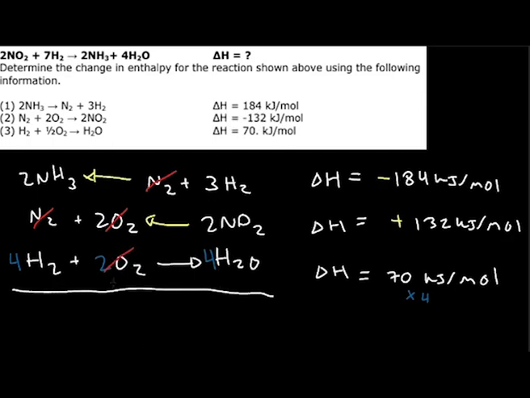Now, let's write our equation again, looking at all the information we have. Let's begin by looking at the reactant side. We have 3 H2s here and 4 H2s here. We can rewrite this as 7 H2 plus our 2 NO2 here gives us 4 H2O here on the product side and 2 NH3.